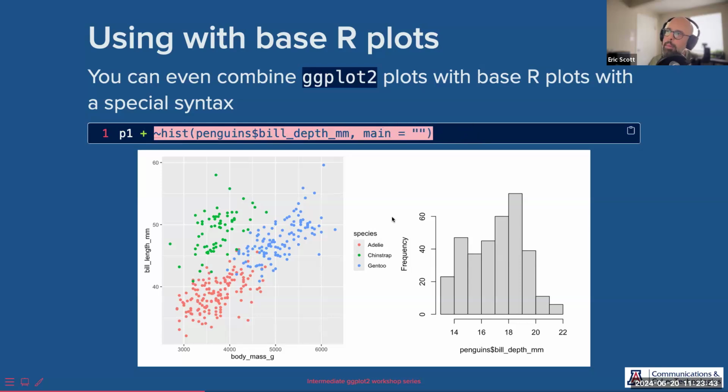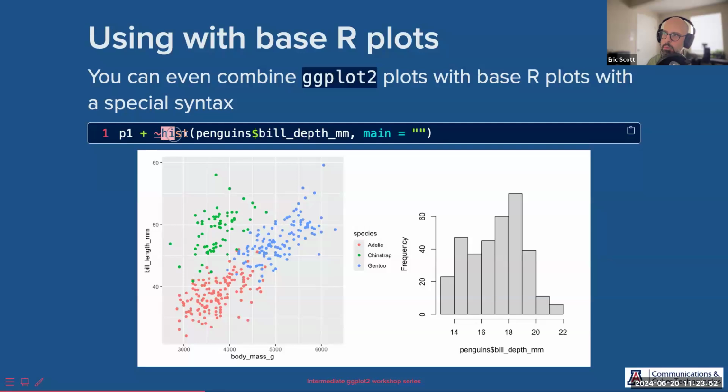So this will automatically turn this into something that can be combined with ggplot objects. So this could be used with the base R plot function, or here I've used it with hist, but you can use it with a variety of things. So you can't save out the base R plot as and just use the name?